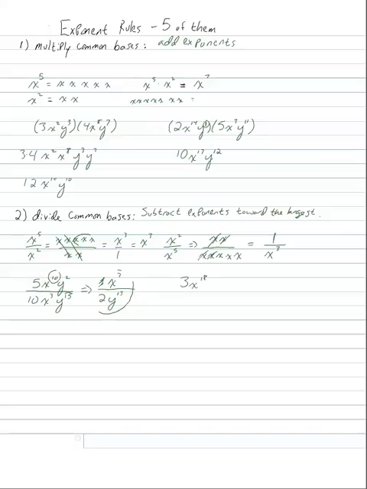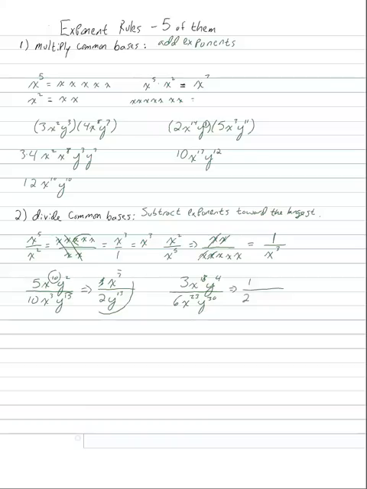So 3x to the 18, y to the 4 over, let's say 6x to the 23, y to the 30. Okay, so again, my numbers, I'm just going to simplify. 3 over 6 would be 1 over 2. My x's, x to the 18 over x to the 23.